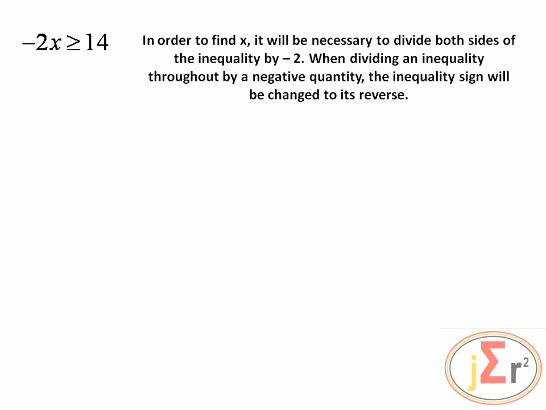Divide by -2, we have -2 eliminated from the left hand side, and on the right hand side 14 divided by -2 is -7. The inequality sign will have to change, so we have x is less than or equal to -7, whereas we had -2x is greater than or equal to 14.